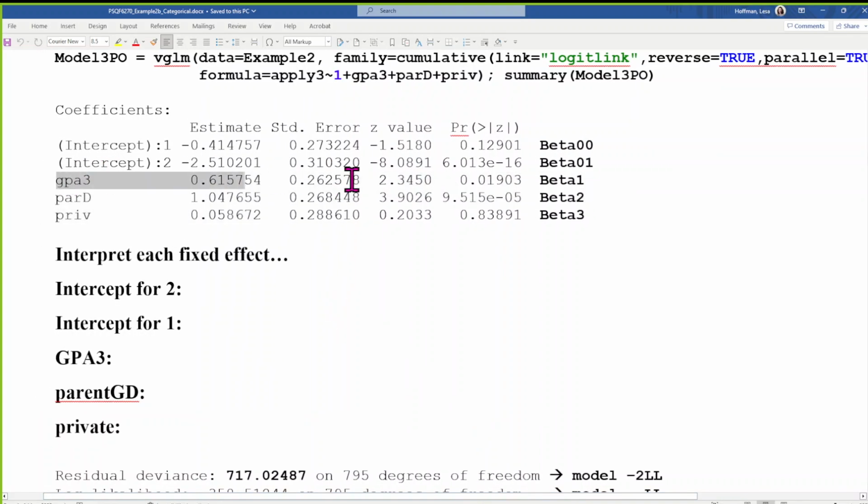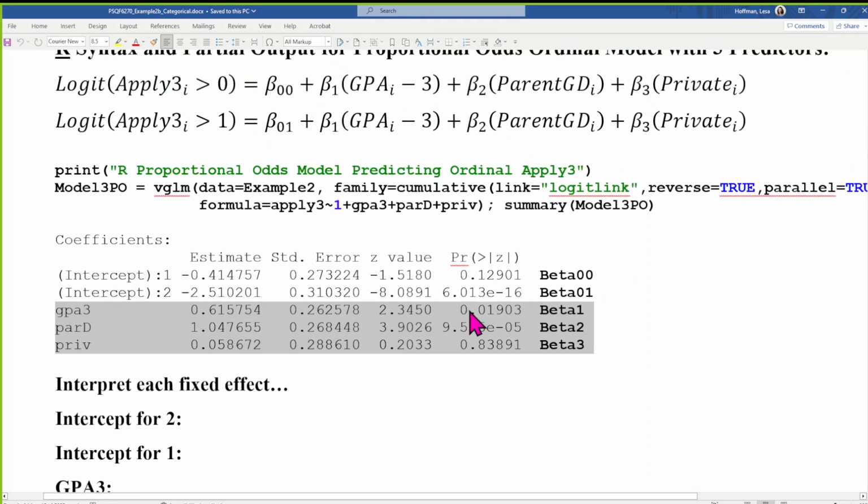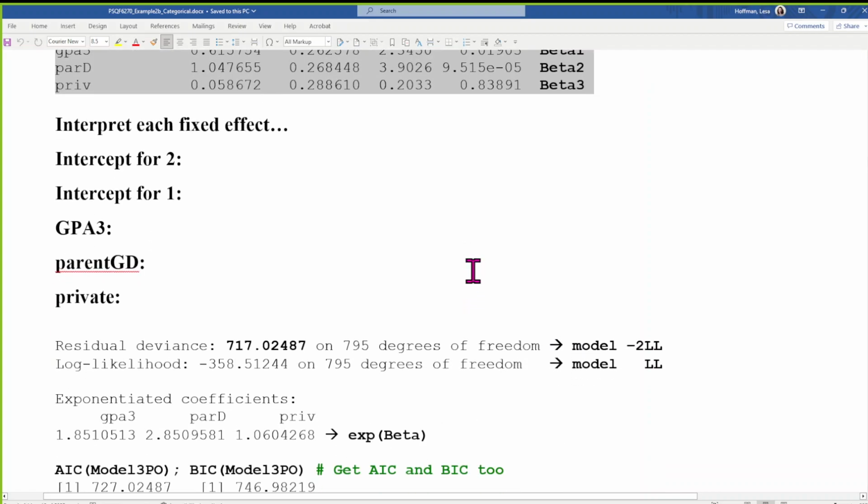So I have, let's see, one slope that's traditionally significant, two slopes that are, and then one that's not. In R, I have to do the likelihood ratio test against the empty model myself if I want some kind of is my model significant global statement.